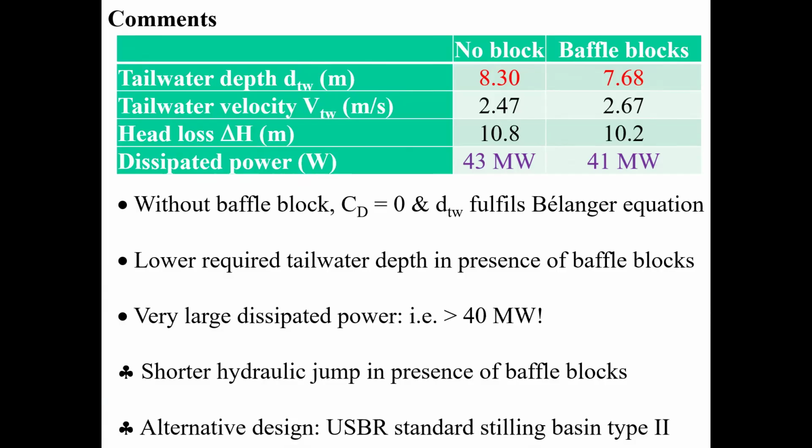And while this was not derived here, we can show that we will have a shorter hydraulic jump in presence of the baffle blocks. An alternative design for the stilling basin could be the USBR standard stilling basin type 2 for the unit discharge, inflow velocity, and inflow Froude number.